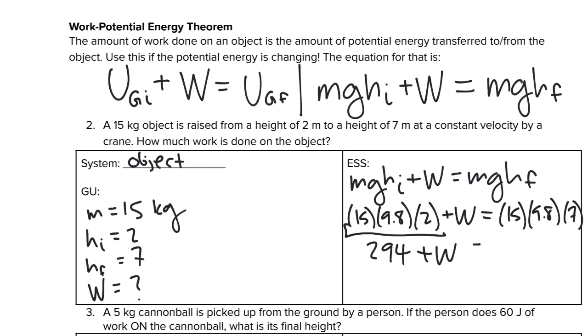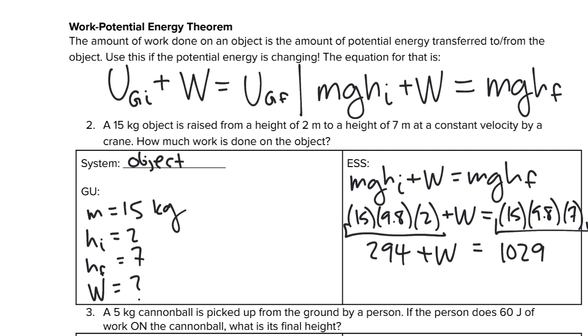Then the crane did some work, and that gave it whatever this right side is multiplied together. 15 times 9.8 times 7. That is 1,029 joules. So what this is saying is your object started with 294 and it ended up with 1,029.